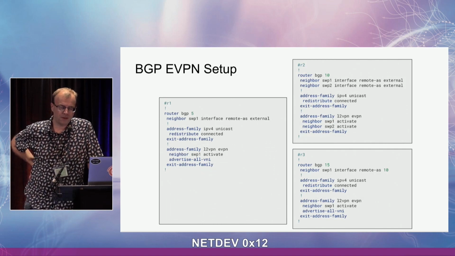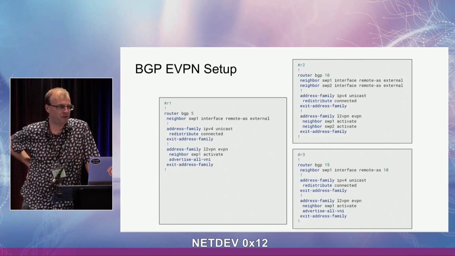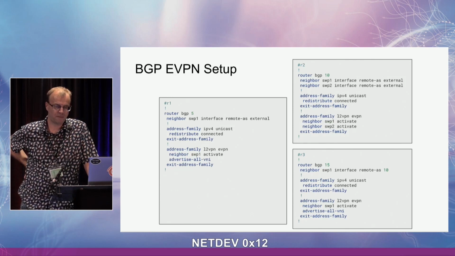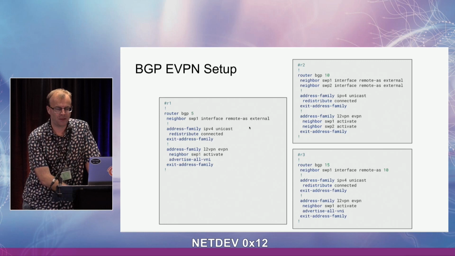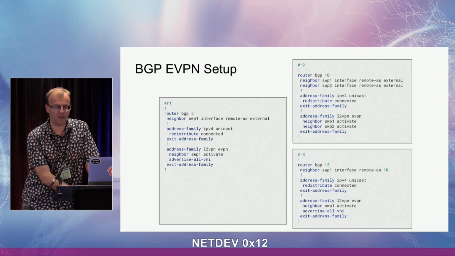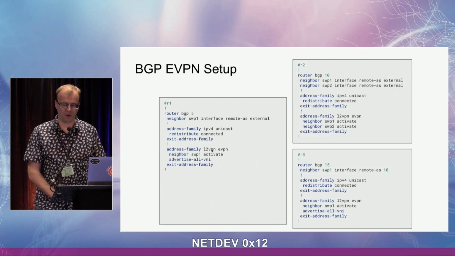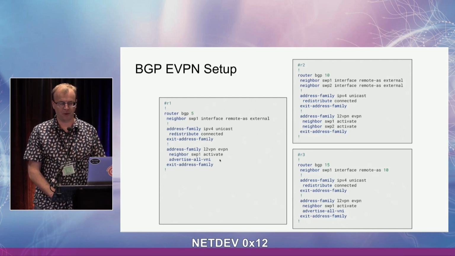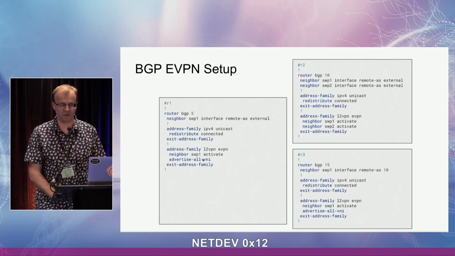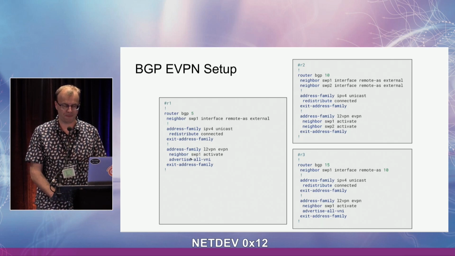So EVPN setup is actually pretty simple for a basic use case. The only thing you really need to do is add this new idea of an address family, the address family L2 VPN with the EVPN SAFI. On R1 and R3, all you really need to do to get it to work is specify advertise all VNI.